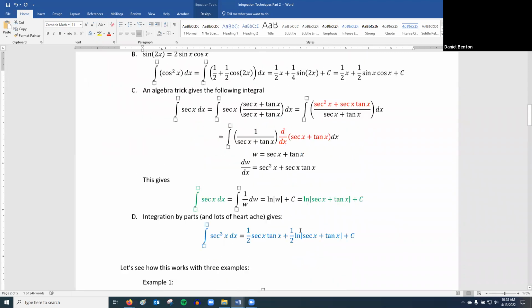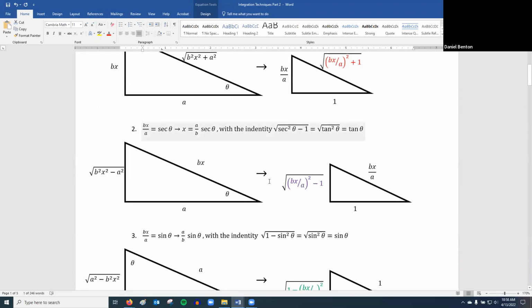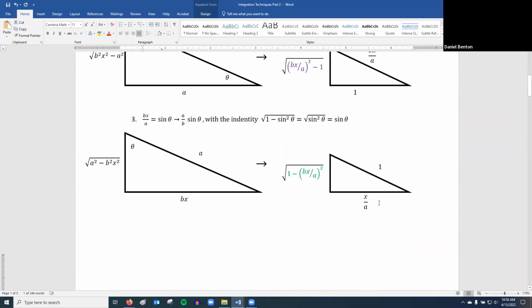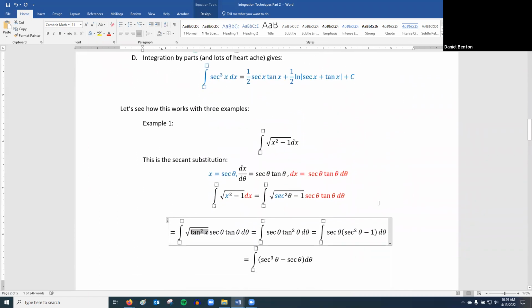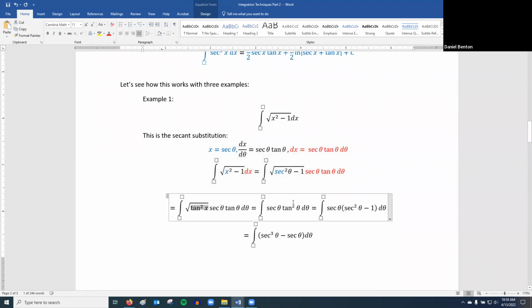Tangent is going to be in our triangle, that's going to be the opposite side over adjacent, so you don't have to worry about it being negative. It's positive right there. All right, so that's tangent squared.